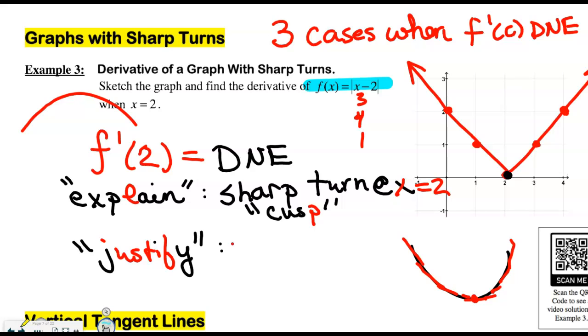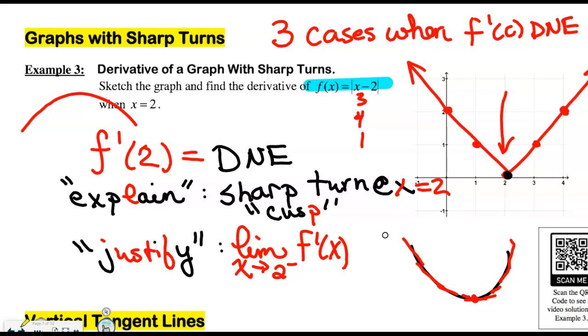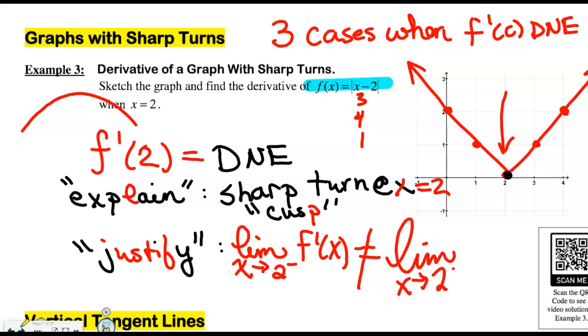For mine, when we approach from both sides, we discuss limits as x approaches 2 from the left. Not of the function, because the limit exists. As you travel in at 2 from the left and at 2 from the right, you are at 0. This is about the slopes. You're telling me that the slope to the left is negative 1, and it is not equaling the limit as x approaches 2 from the right.